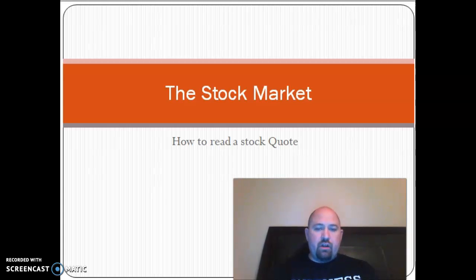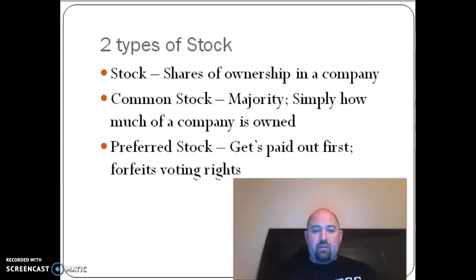So, the stock market. First, what is a stock? Well, a stock is actually, really simply put, the shares of ownership in a company. So if you think all the way back to our third unit when we did the different business models, one of those business types was a corporation. Corporations don't really go to banks for loans to start their companies. They sell shares of ownership called stock to raise money.